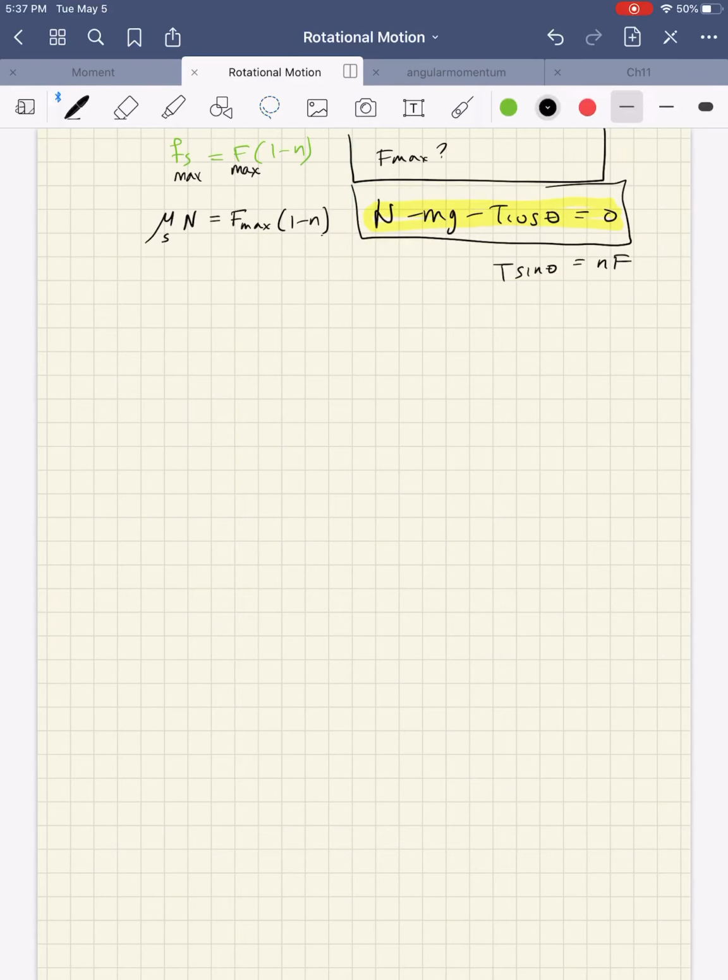So the normal force, you can see from that highlighted equation, is mg plus T cos theta. Well, I also know that T is equal to nF over sine theta. And so I can solve for N equals mg plus nF cosine theta over sine theta, or N is equal to mg plus nF cotangent of theta.